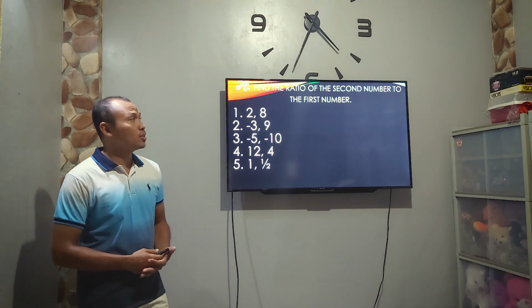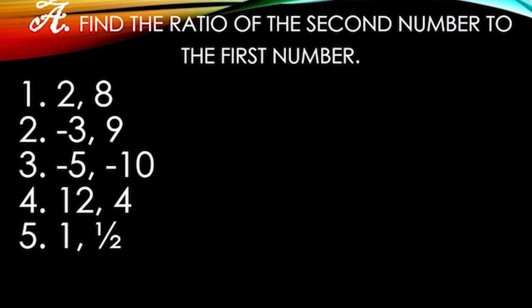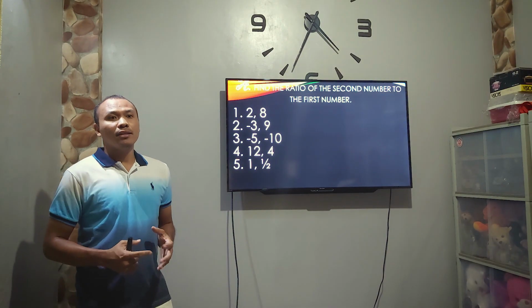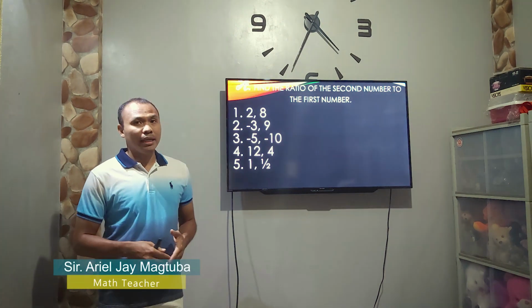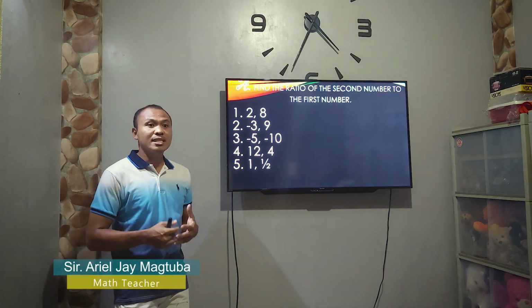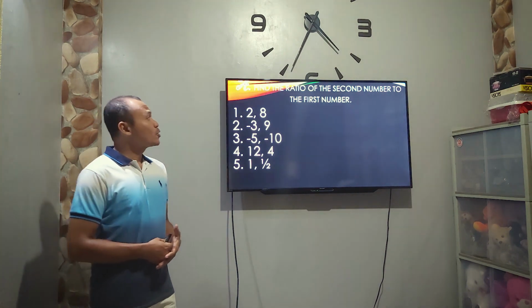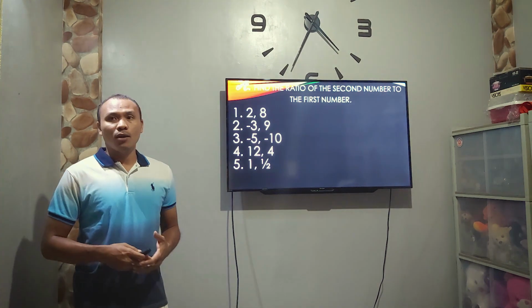Here is the direction. Find the ratio of the second number to the first number. For example, for number 1, we'll find the ratio of 2 and 8. Just simply divide. 8 divided by 2 is 4. So the ratio is 4.